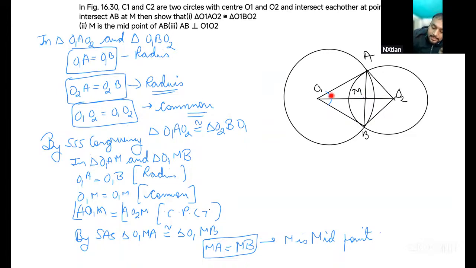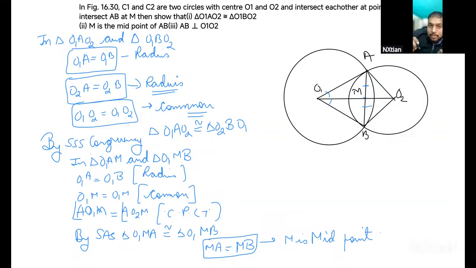And this angle and this angle are equal. Why? Because in the previous question we learned that by CPCT, these two angles are equal. So by SAS, these two triangles are congruent, and this angle and this angle are equal because of the CPCT. It means that M is the midpoint.